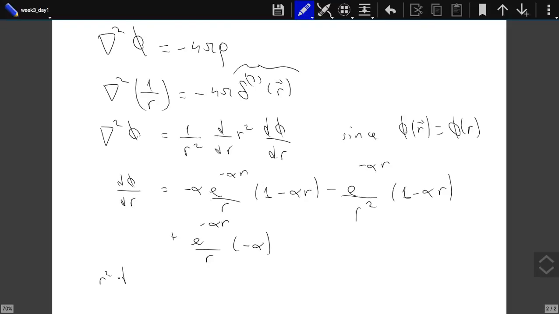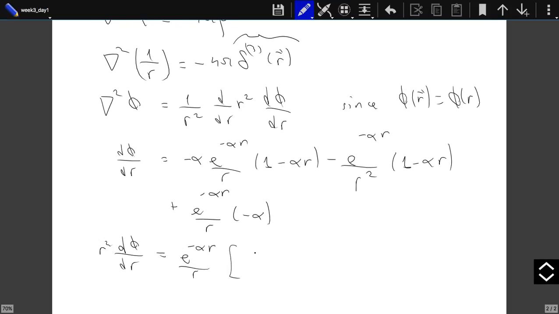Let's multiply it with r squared. This is equal to, let's say, all of them have the factor e to the power minus alpha r over r, minus alpha plus alpha squared r minus 1 over r, plus alpha, minus alpha.